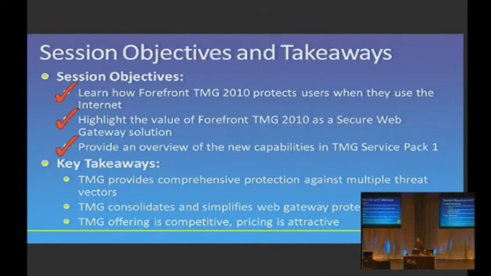We looked at some of the SP1 features, talked about the 4 layers of security in TMG, how we can have a consolidated and simplified web gateway, and we talked about competitive and how it's licensed. Just before, we talked a little bit about licensing. If you've got Enterprise CAL Suite and you've got ISA with SA, you already own everything I've shown you today. So you can implement this today and save some money by implementing that technology.